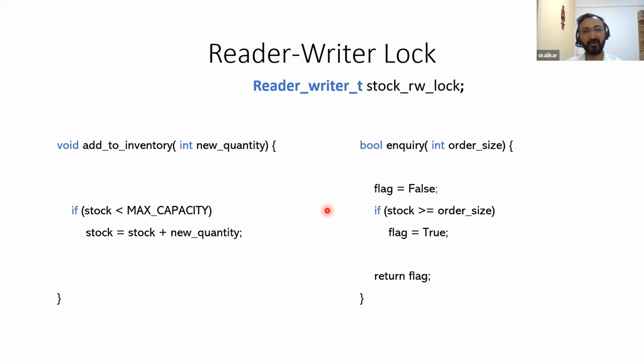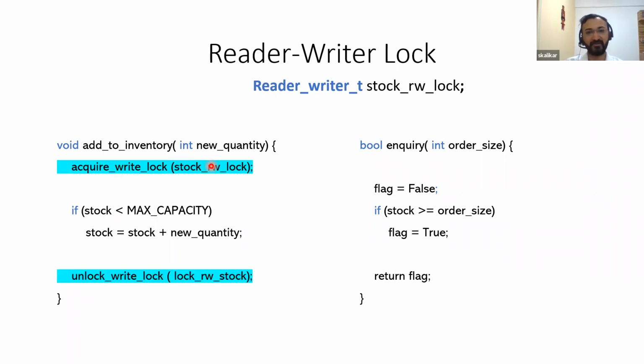We'll see how we use these reader-writer locks in this scenario, right? So now there is a different type of lock, the reader-writer lock, which gives a stock read-write lock. Now we redesign our protocol so that the add inventory function will acquire a write lock on the shared data, right? So write is the word we use to distinguish between read and write mode, and there is a lock variable, and at the end you unlock it, correct?